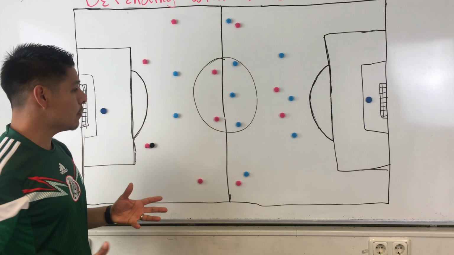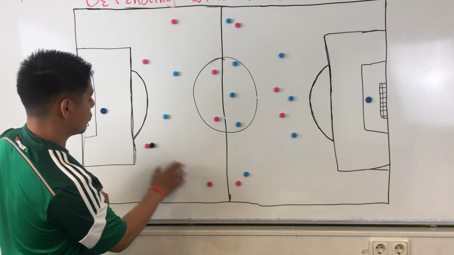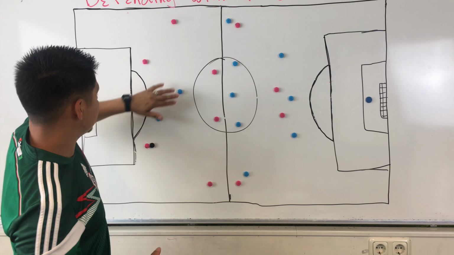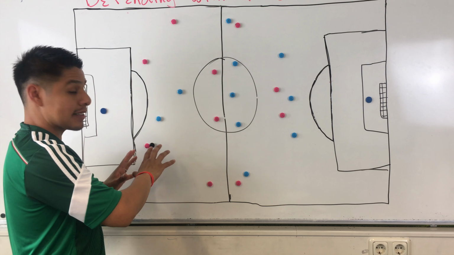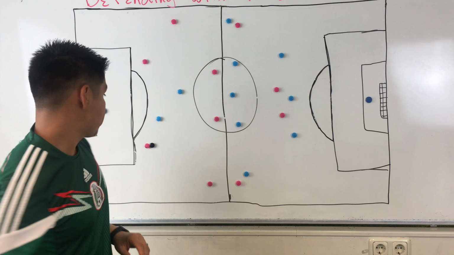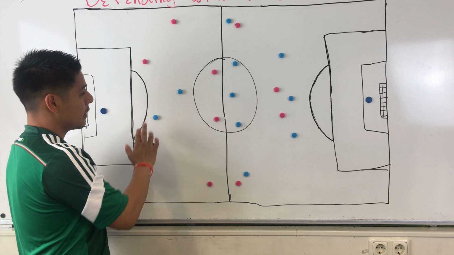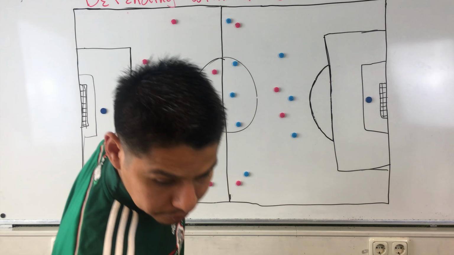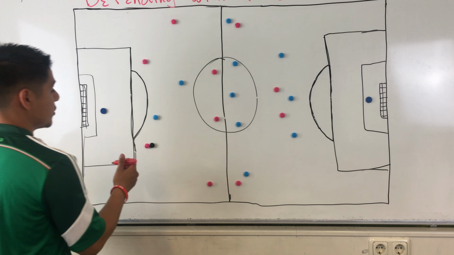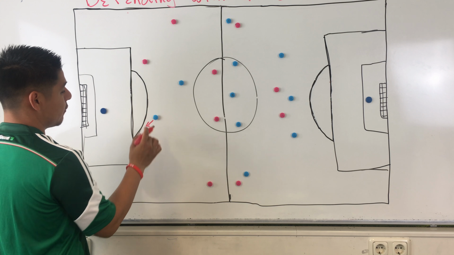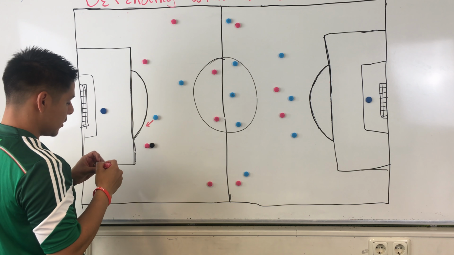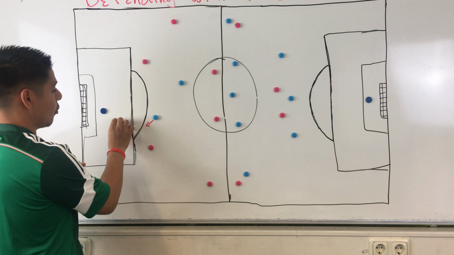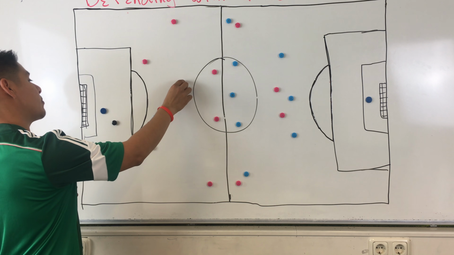The first thing that we want to do is to shift and steer the play to the outside. The way we do that is one of our strikers pushes up and covers this passing lane. Now a pass back to the goalkeeper would also be optimal.